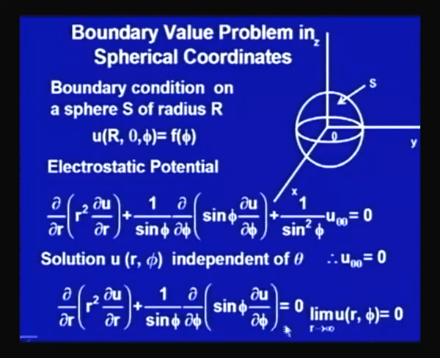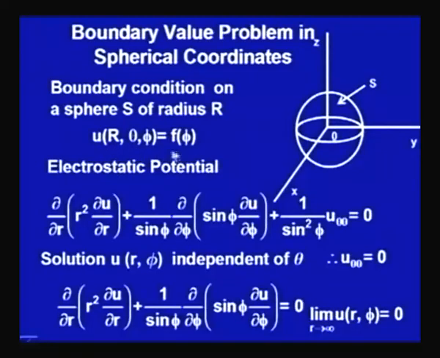So, we are defining our boundary condition on the surface, that is on the boundary S. The function is described on the boundary S. So, this is a Dirichlet kind of problem, the first kind of boundary value problem, called the Dirichlet problem.